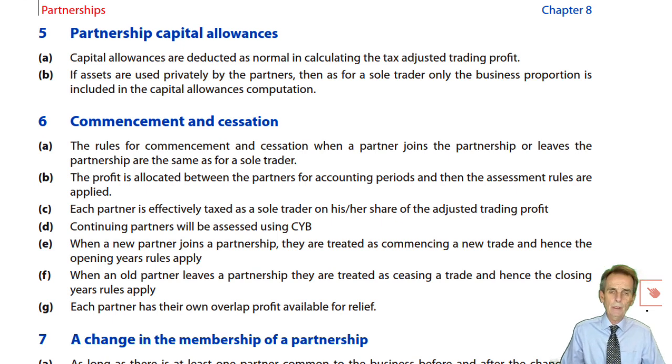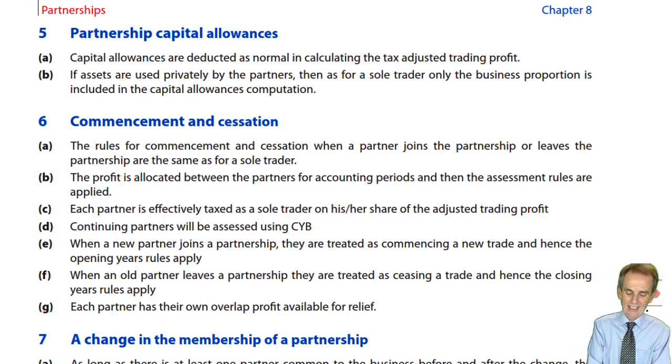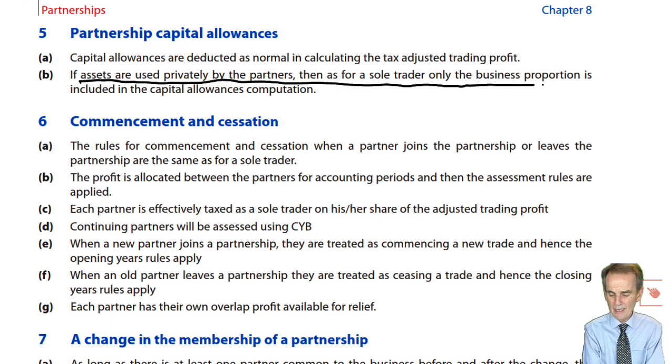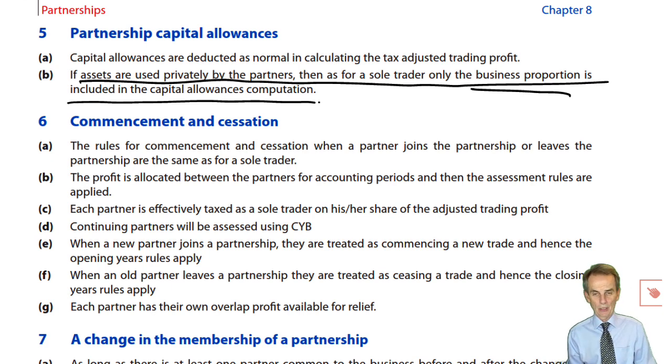And so too, in the capital allowances computation, you would need to maintain a separate computation for each such asset with private use by each and every partner. Each is a proprietor of the business. We treat them just as we would a sole trader in terms of the capital allowances computation. So, as it says here, if assets are used privately by the partners, then as we dealt with already in Chapter 5 for a sole trader, only the business proportion is included within the capital allowances computation.